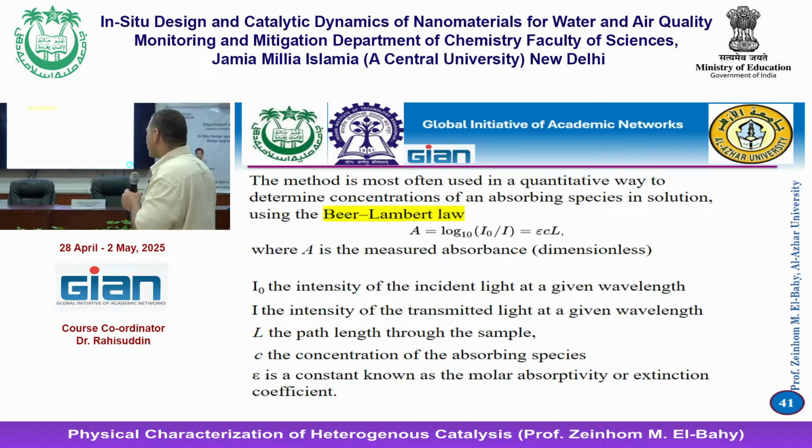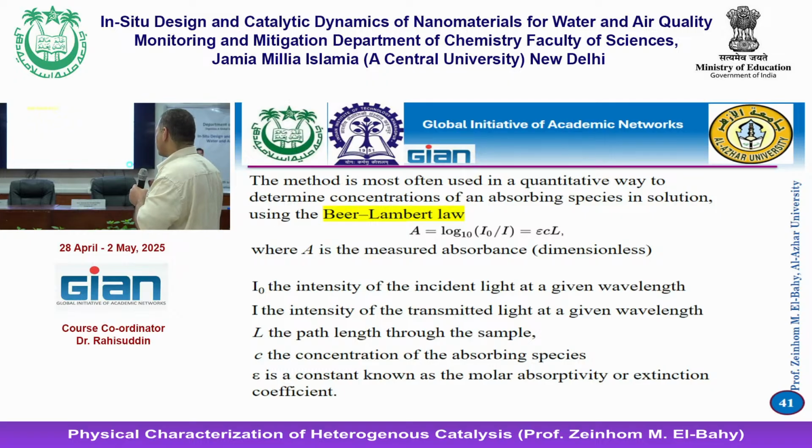A equals log I naught over I equals epsilon C L, where A is absorbance. Absorbance is dimensionless, I naught is the incident light, and I is the transmitted light, whereas L is the path length through the sample, which is almost 1 centimeter, and C is the concentration.